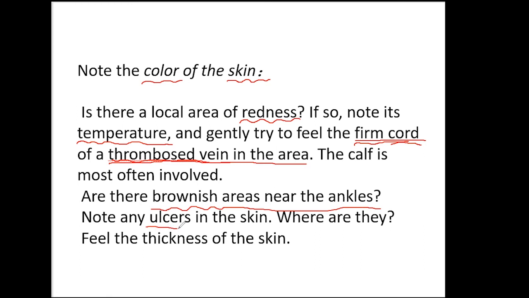And some ulcers. Ulcers form in the skin. Still poor blood supply, not enough nutrition and not enough oxygen. Certainly here we're talking about ulcers caused by internal disorders.